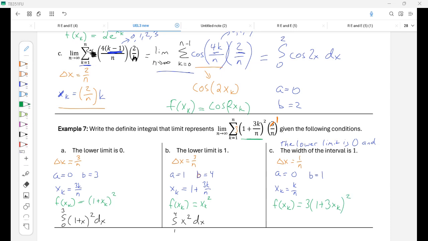Quantity squared, yeah. If you put k over n in where I have xk, you have this. Agreed? Yeah, because then this 3, the 3 coefficient pops out. So a third integral that is equivalent to the other two, integral from 0 to 1 of 3 times the quantity 1 plus 3x, squared, dx.